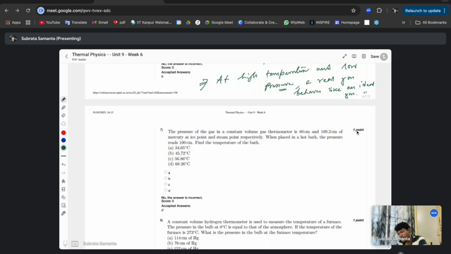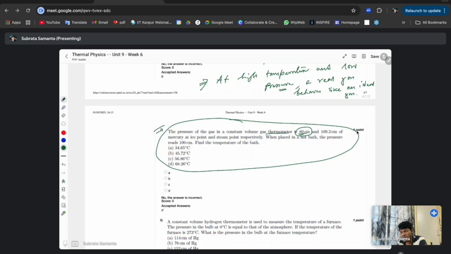So problem number 7: the pressure of the gas in a constant volume gas thermometer is 80 centimeter. Here the 80 centimeter means the pressure is 80 centimeter of mercury. You know that the standard pressure of 1 atmosphere is 76 centimeter of mercury, Hg.